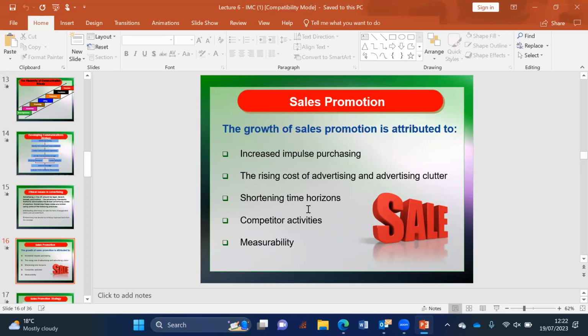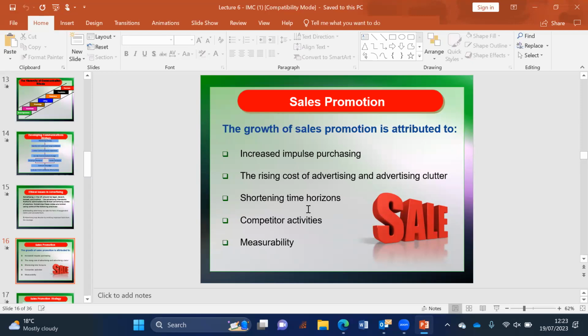Also, there's a rising cost of advertising, and there's so much advertising everywhere on social media, on roads, on everywhere. There's so much advertising happening. Sales promotion is just a way to combat that. So then there's shortening time horizons. That means when there's a sales promotion, you see the impact almost instantly. Competitor activities: you need to see what your competitors are doing and what kind of sales promotions they're doing.